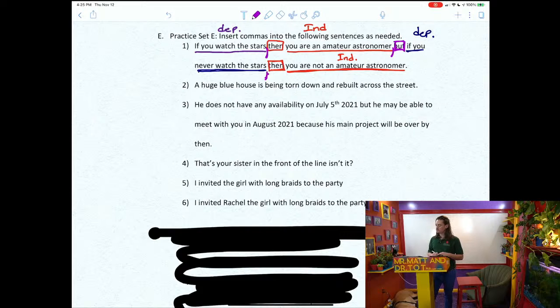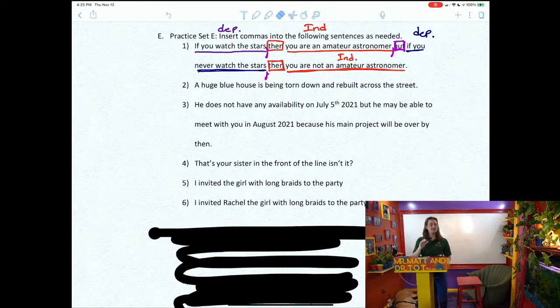2: a huge blue house is being torn down and rebuilt across the street. So, are we able to reverse these adjectives? Can we say a blue huge house? No, it doesn't really make sense because we usually think of color as being more of a primary characteristic of something rather than its size.